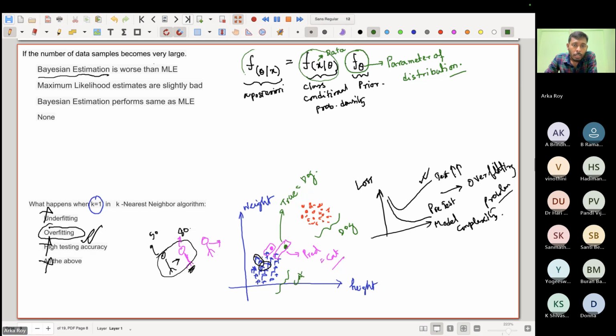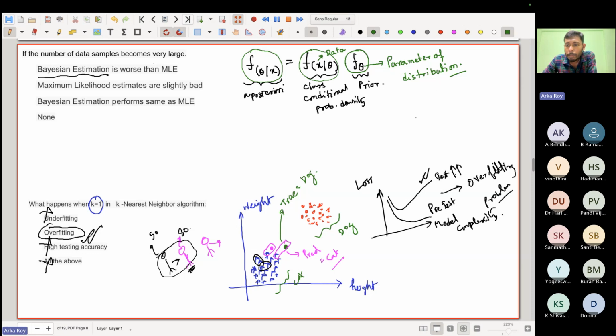Similarly, this particular term, the a posteriori probability, also depends on x, because you are given the feature and you're trying to predict the class, that is theta, or the parameter. The prior distribution, f of theta, is solely dependent on the parameter of the distribution.